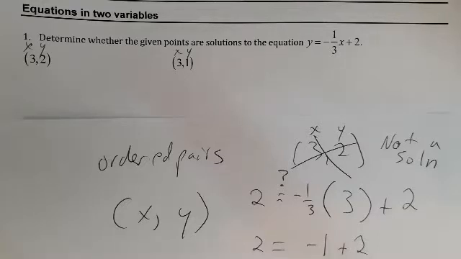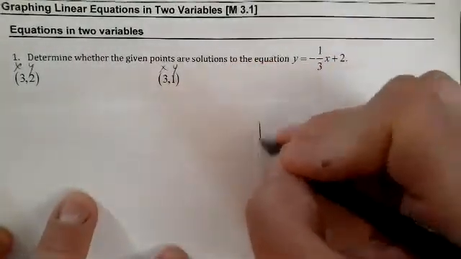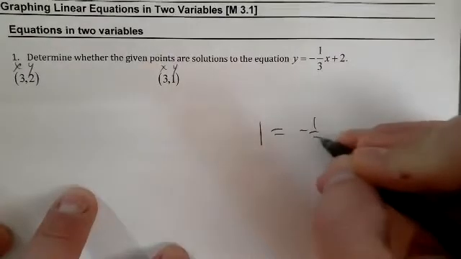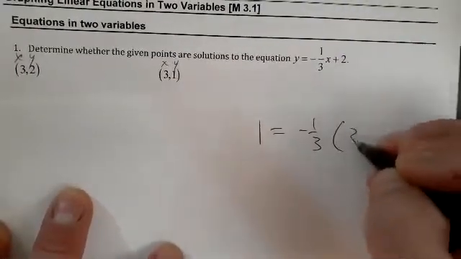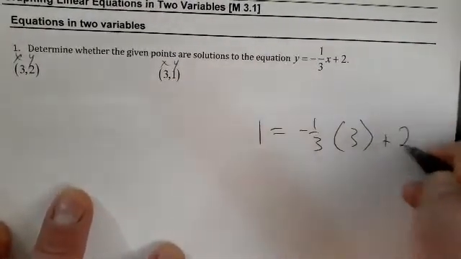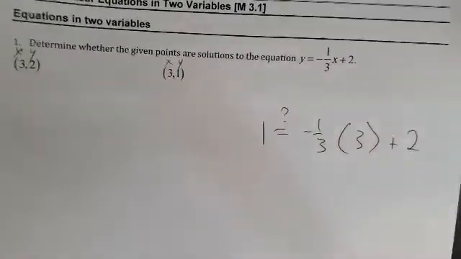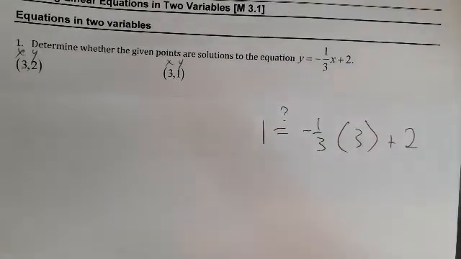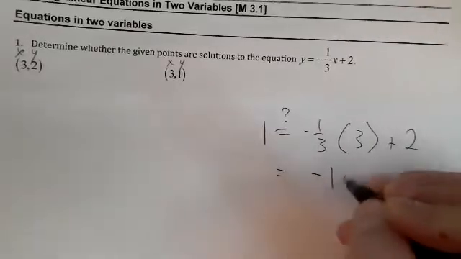And let's try 3, 1. So we're going to try 3, 1. We're going to plug x is 3, y is 1. So the first thing I see here is y equal to negative 1/3 times x, which is 3. And then if you add 2, the left side is 1. The right side is the same thing from the previous problem.